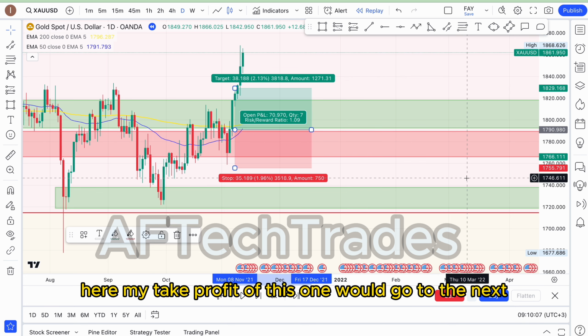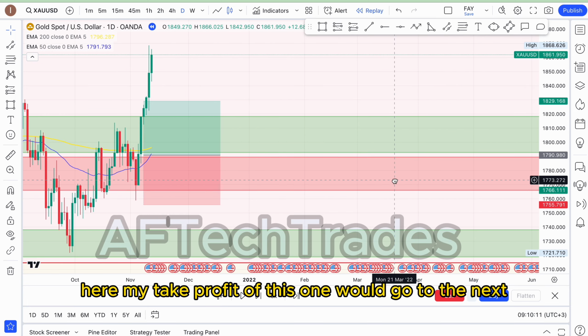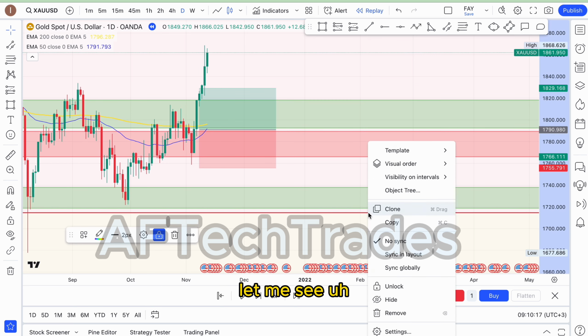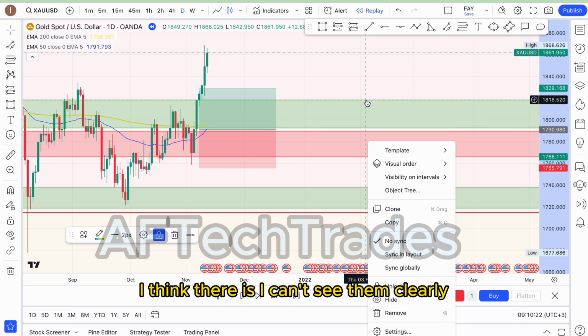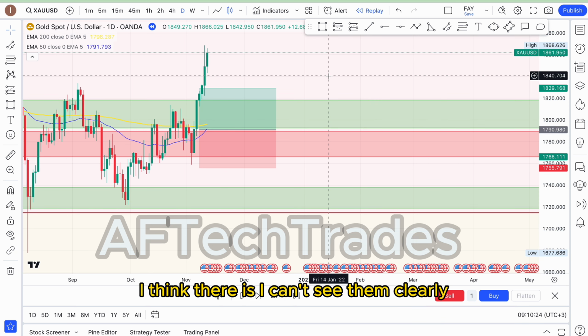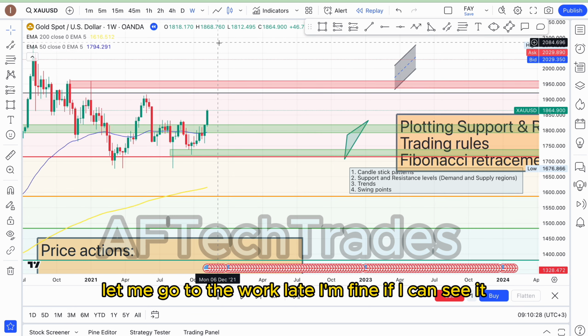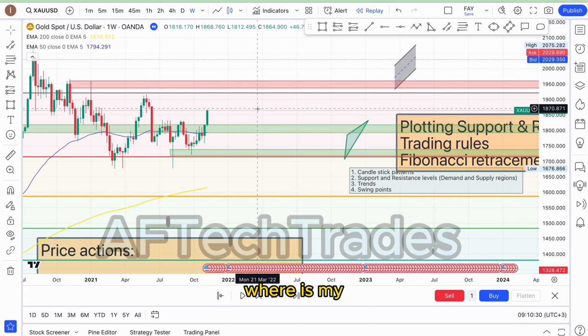My take profit for this one would go to the next. I could use the Fibonacci retracement here. Let me see. After this one, I think there is, I can see them clearly. Let me go to the weekly time frame if I can see it. Where is my?